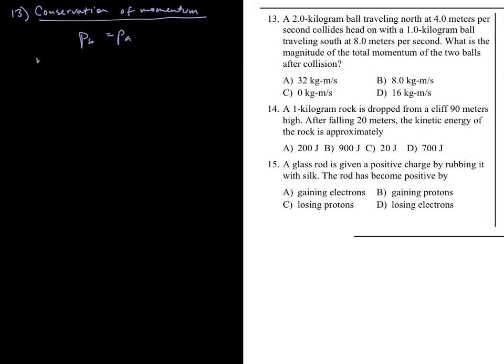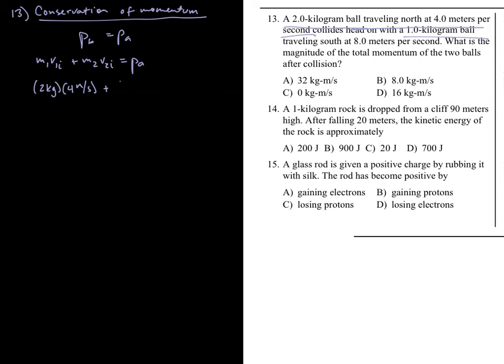So first we start off with breaking this down. We don't know what's happening after. We're looking for the total momentum after, so we could just leave it like that. We're going to label this as object 1, going north.